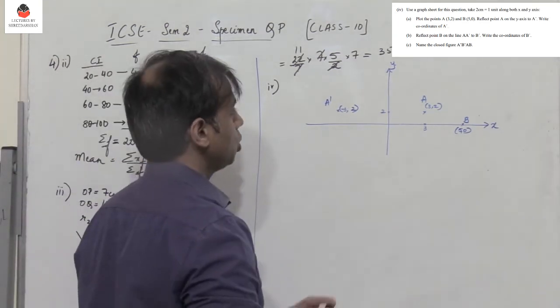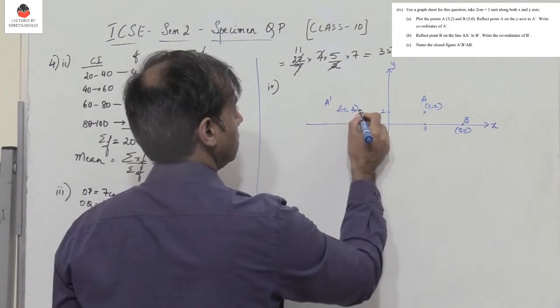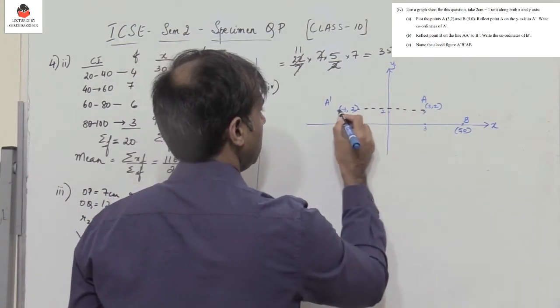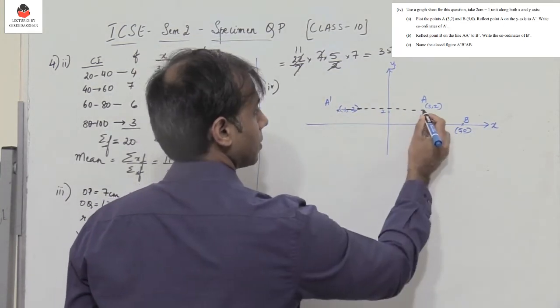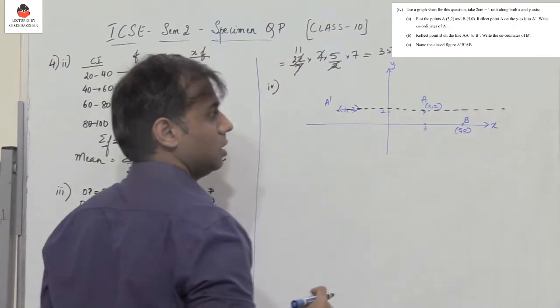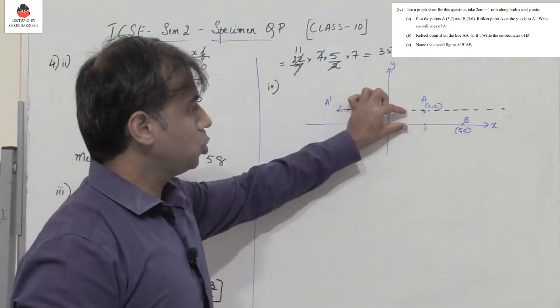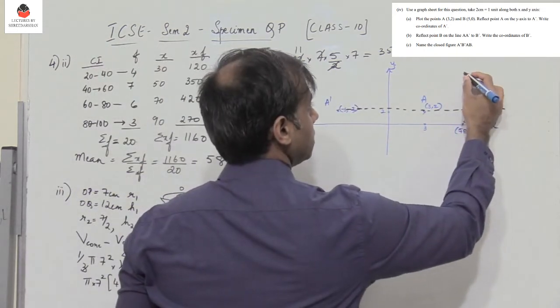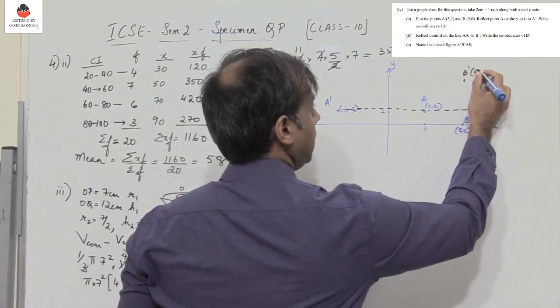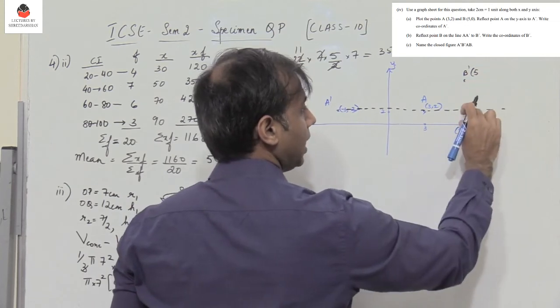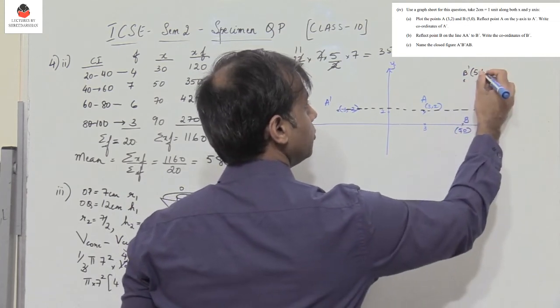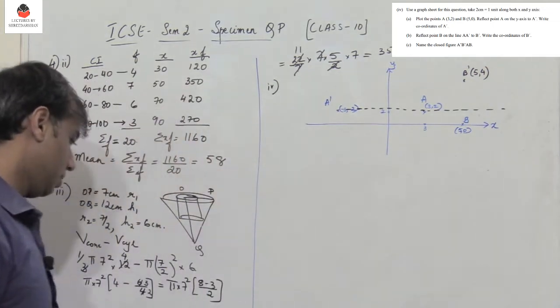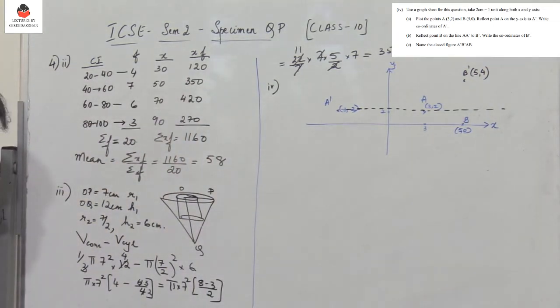So if I join A and A dash, and extend it, so this height is 2, so I need to reflect it. So B dash will be here, x value will be 5, but the height is going to be 2 plus 2, which is 4. It's going to be 5 comma 4. So we have written the coordinates of B dash.